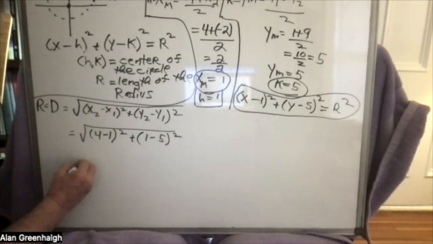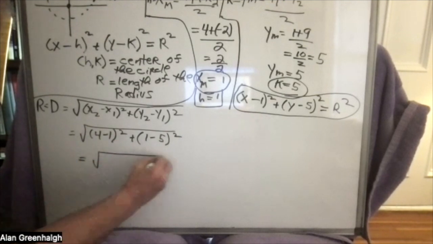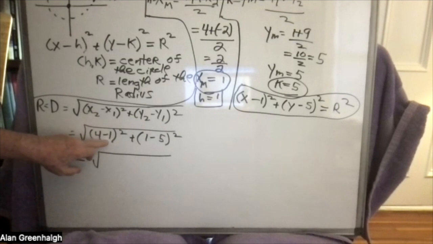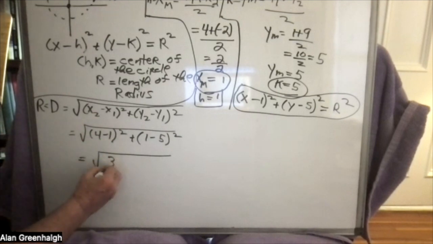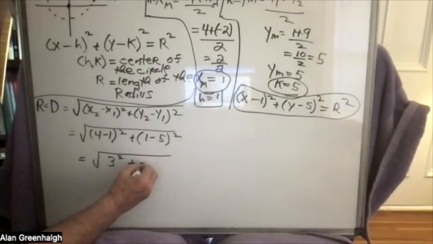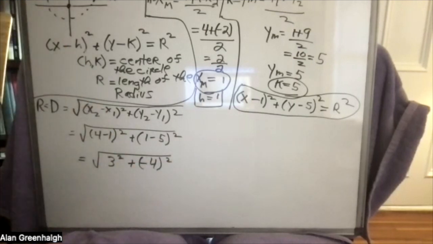Okay, let's see what we get here. 4 minus 1 is 3. 1 minus 5 is -4. My mind was thinking ahead, so I gave the actual answer instead of the question.